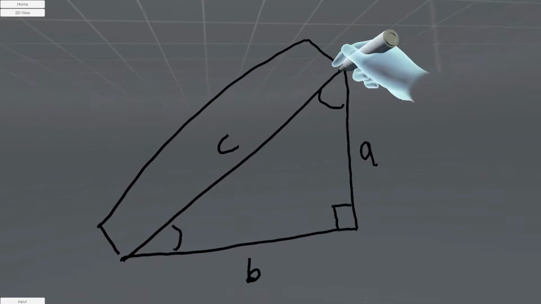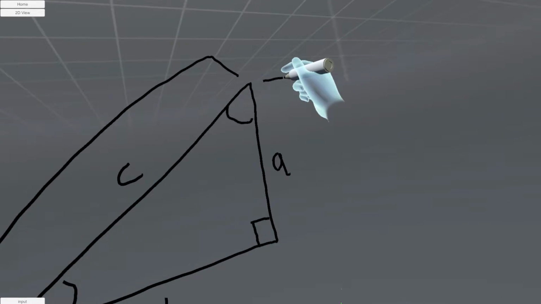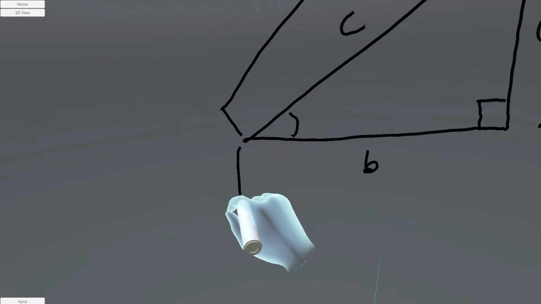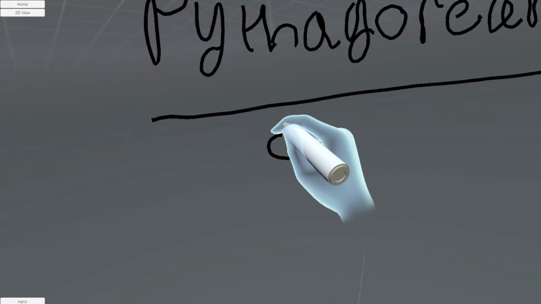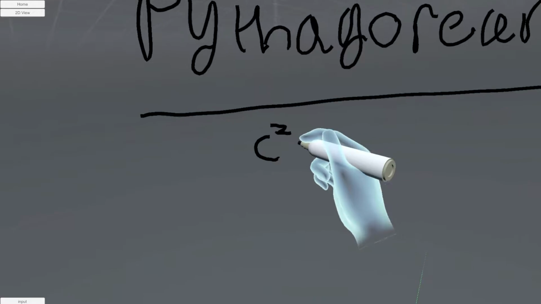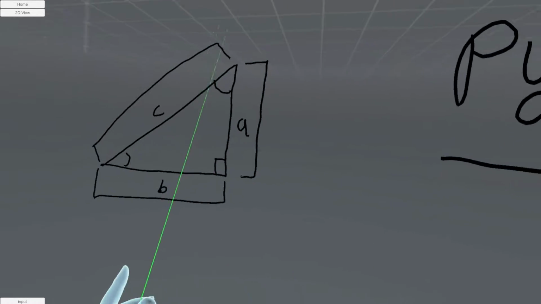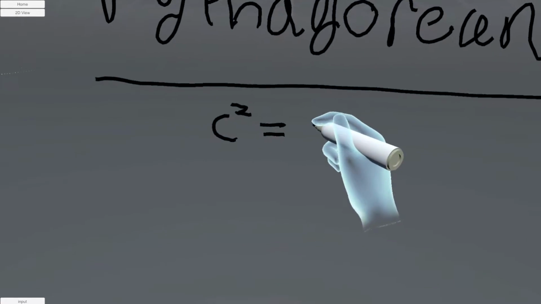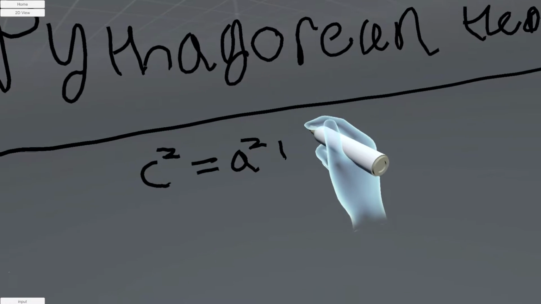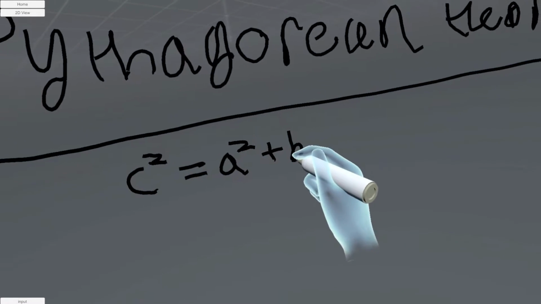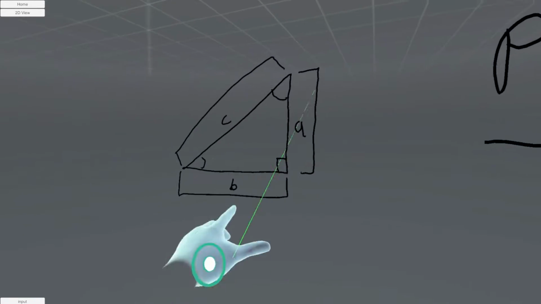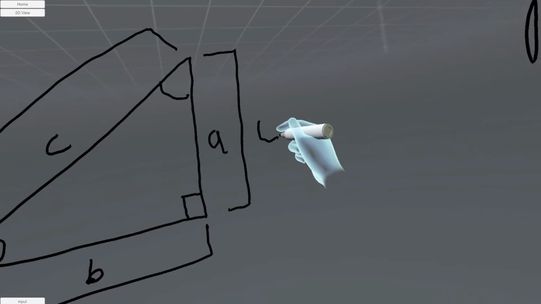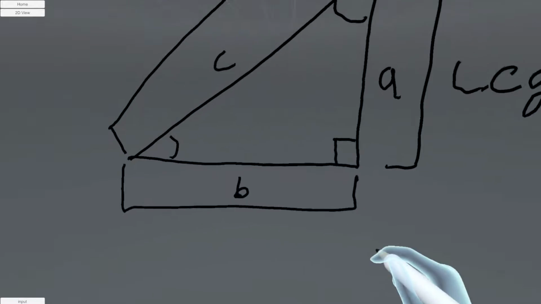When we have three lengths, we have a length of the hypotenuse, and we have the length of two of the legs. What we do is the hypotenuse length squared equals the first leg squared plus the second leg squared. These two are each what is called a leg, L-E-G, a leg.